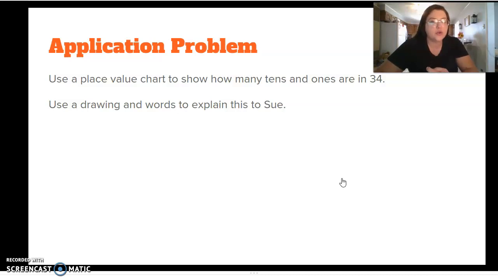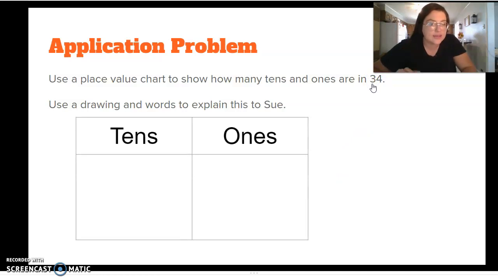When we look at 34, right away we should understand that the 3 is in the tens place, the 4 is in the ones place. Tens, ones. So we're going to use this drawing of the place value chart and words to explain this to Sue. So 3 tens, right? We look at the number 34. This place value is the tens place, and the number in that place is 3. 3 tens.